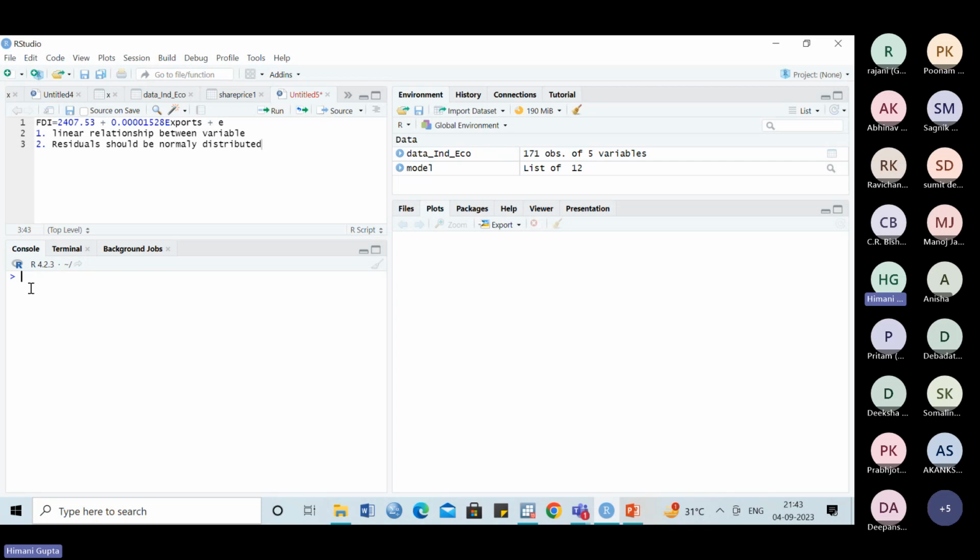So for the linear relationship between variables, first of all we have to create the residuals. For that, store all the values of the residuals in one vector. Let me name it residuals_model: residuals_model equals residuals of model.